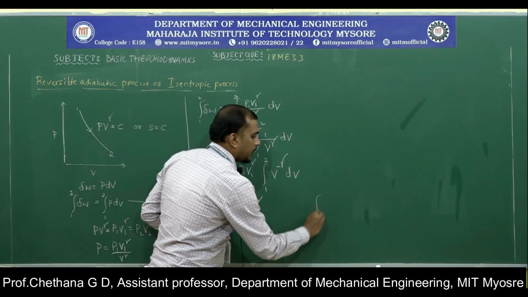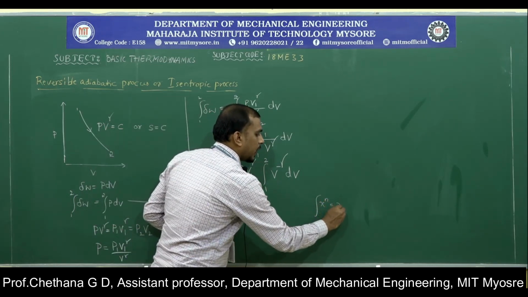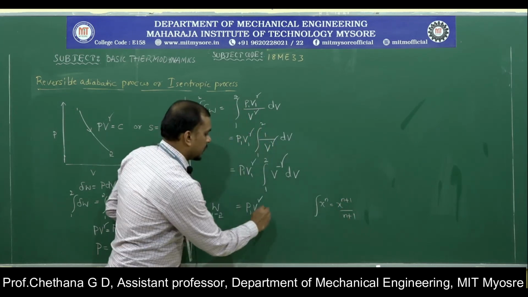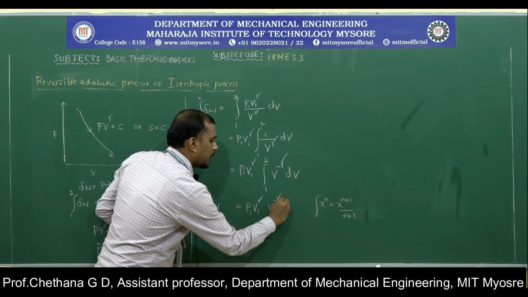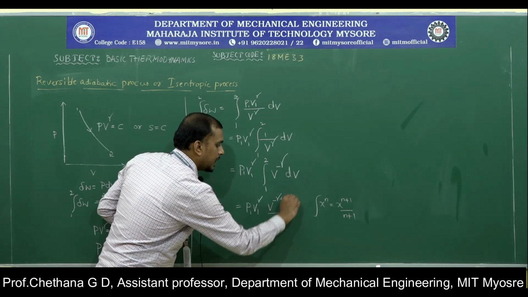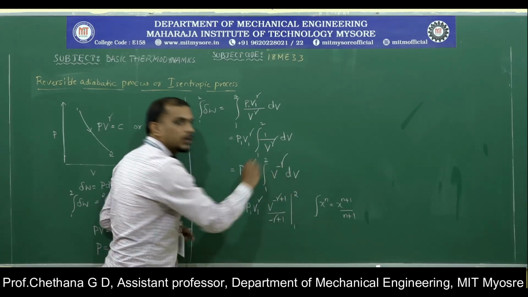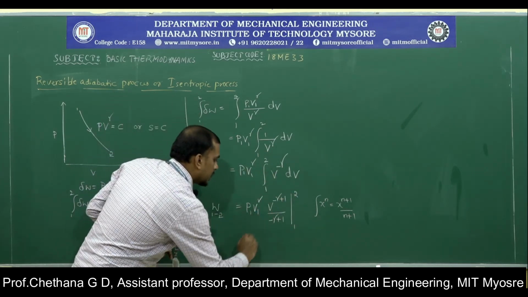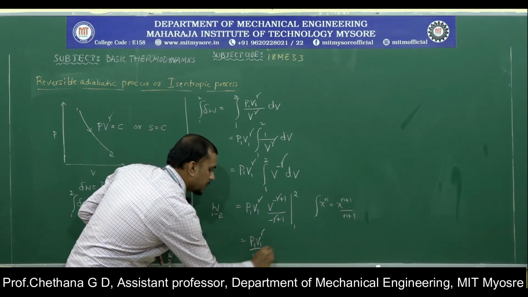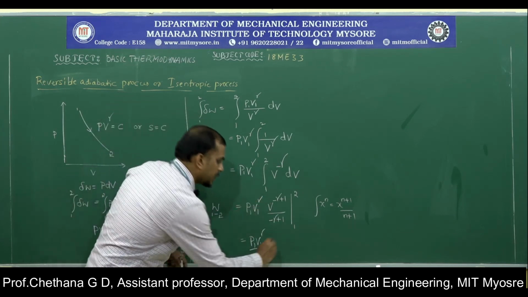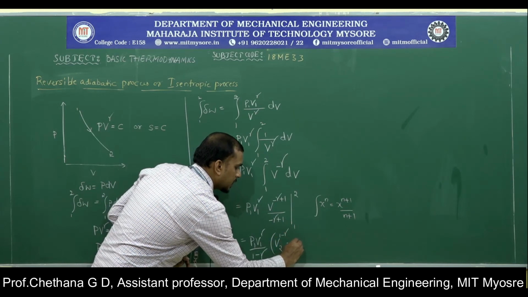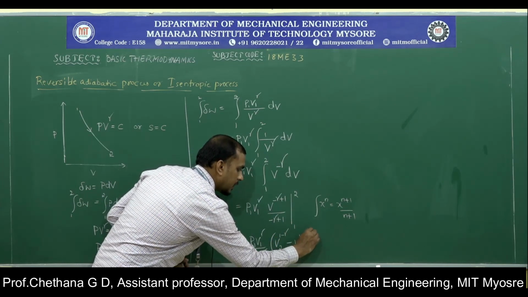We know that integration of x power n is equal to x power n plus 1 divided by n plus 1. So V power minus gamma plus 1 divided by minus gamma plus 1, the integration limits 1 to 2. Now divided by, you can write it as 1 minus gamma, then substitute the integration limits here, V2 power 1 minus gamma minus V1 power 1 minus gamma.